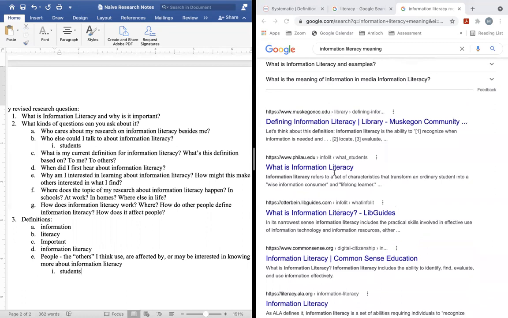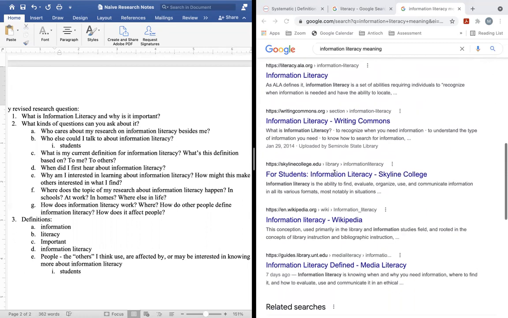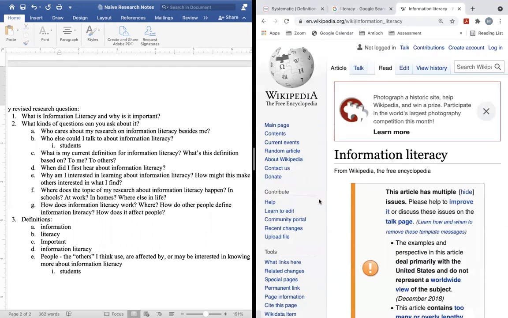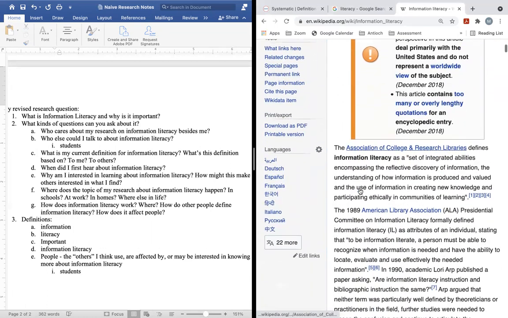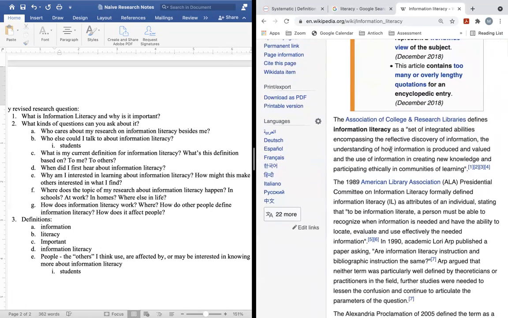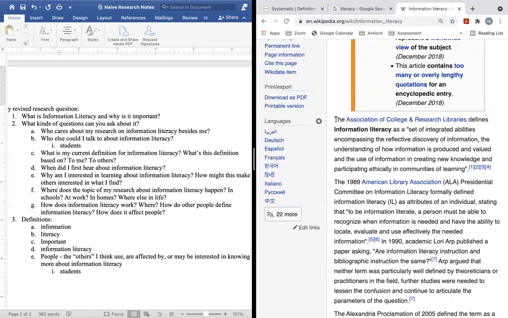So I'm going to try to pick something that just gives me some information. All right. Of course, no one wants us to use Wikipedia, but I'm going to see if it gives me just a general definition. And I'm like, all right, look, information literacy is a set of, so I have some information here that defines it.